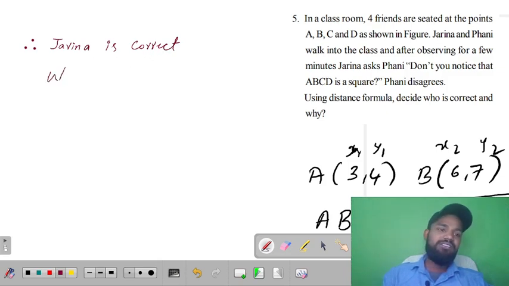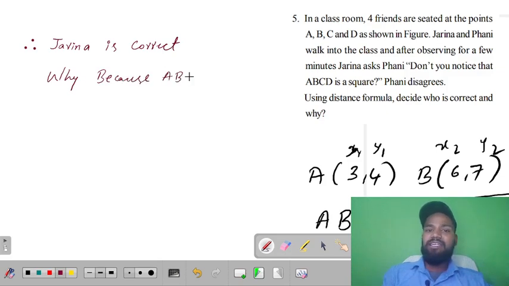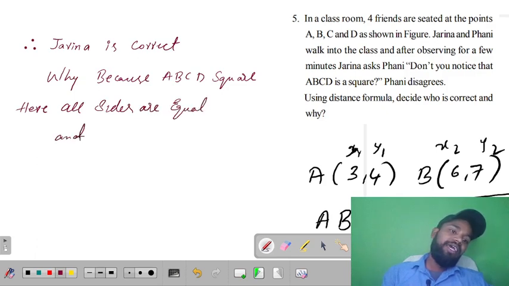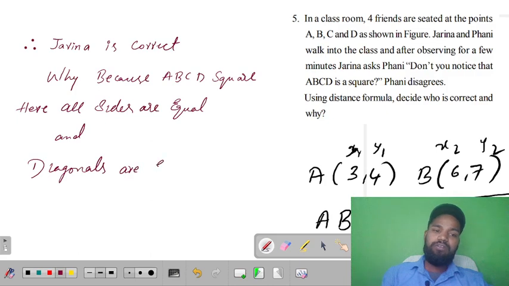Why? Because ABCD is a square. Here all sides are equal and the diagonals are also equal.